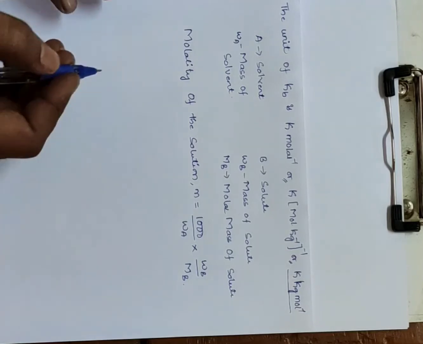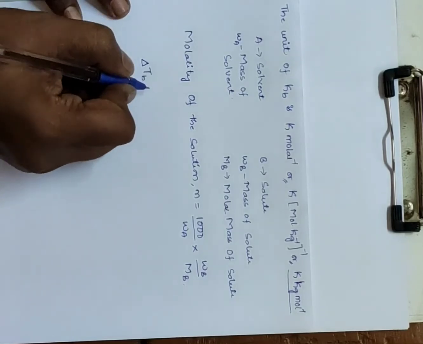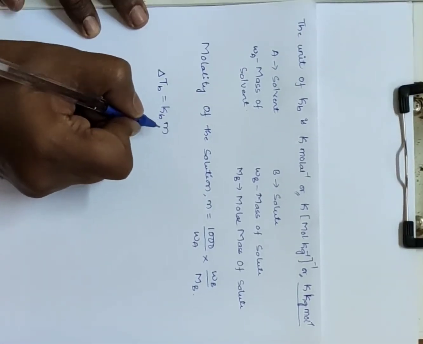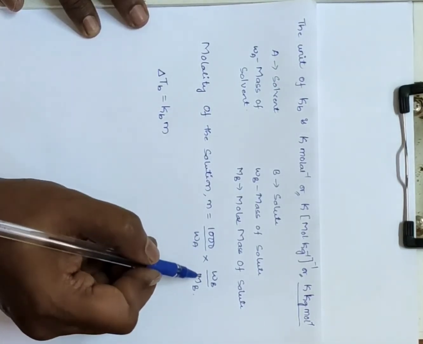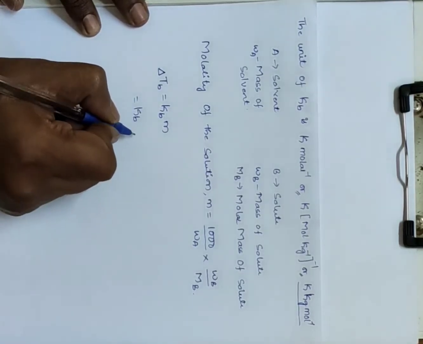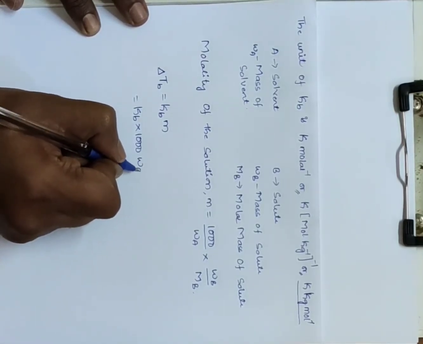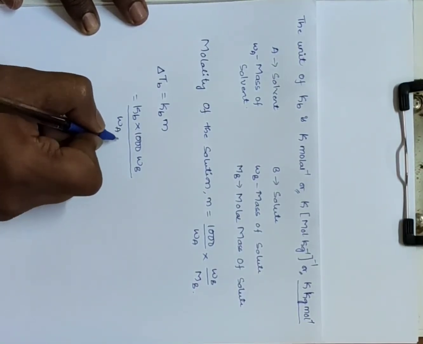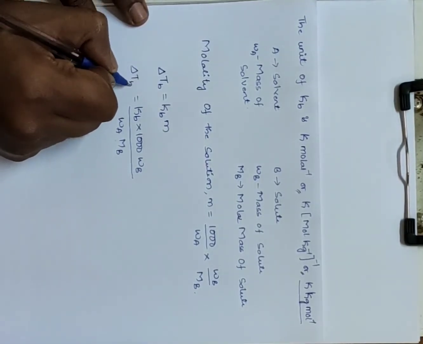Now delta TB, what we know is delta TB is equal to Kb into molarity. Now in place of m, if I substitute the molarity value, this becomes Kb into 1000 into WB, that is mass of solute, divided by mass of solvent into molar mass of solute.